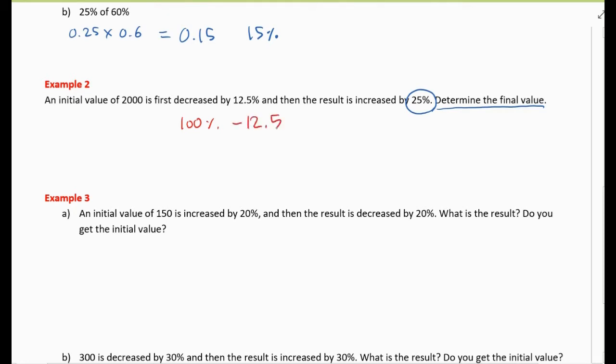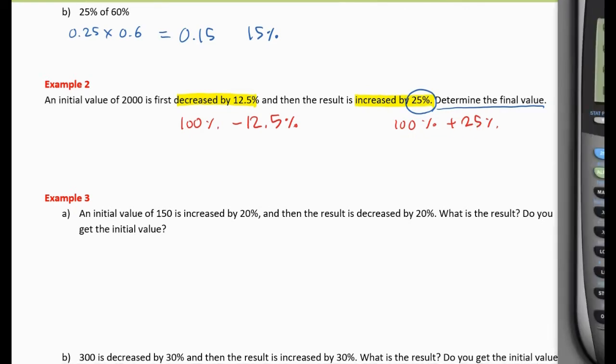And when you say increased by, is it addition or subtraction? Increasing is addition, right? So the starting percentage is 100%, and you add 25%. Remember this: when you see decreased by, you subtract that number from 100%, and when you see increased by, you add that number to 100%.